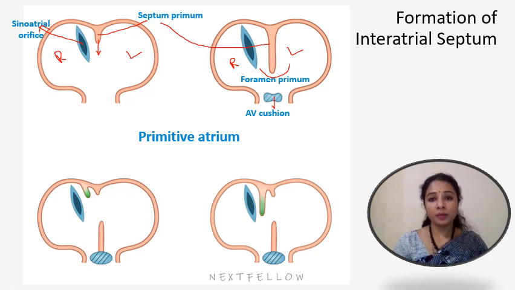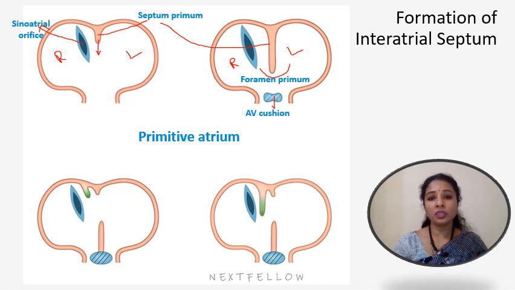So septum primum starts developing from the roof of the primitive atrial chamber, a little to the left of the opening of sinus venosus. We can see the opening of sinus venosus, which is crescentic in shape, present in an oblique plane, not straight, and it grows downwards towards the septum intermedium.